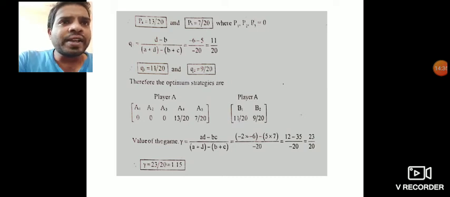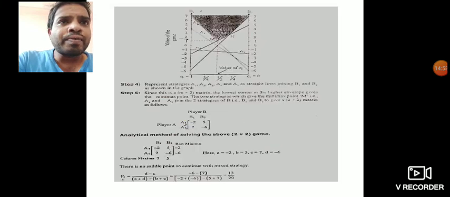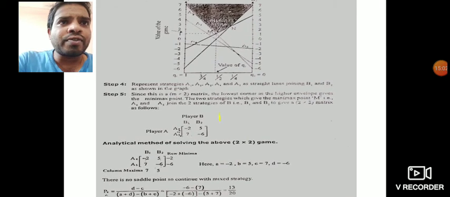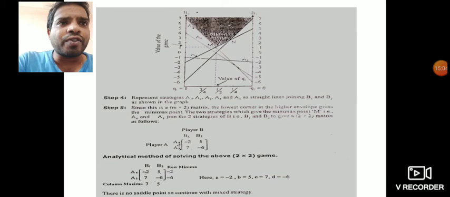For player B, B1 we got Q1 equals 11 by 20 probability, and for B2 probability Q2 we got 9 by 20. Applying the value of the game here, we are getting 23 by 20, that is, after simplifying, 1.15. The same value that you get from the graph, the value of the game from the graph is also 1.15.